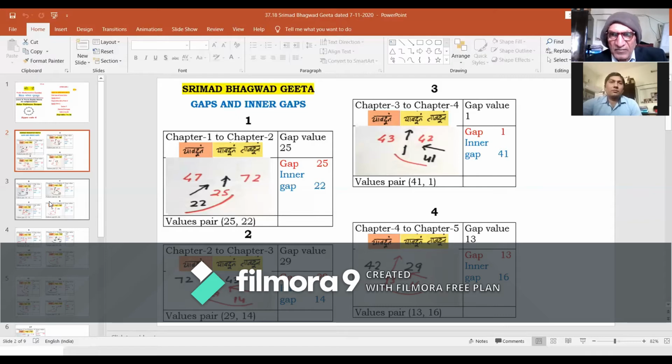One shall sit comfortably and sequentially chase these gaps and inner gap values of pairs. These 18 gaps and inner gap values of pairs, individually as well as collectively, are there to provide us the overview of the Vedic mathematical domain.